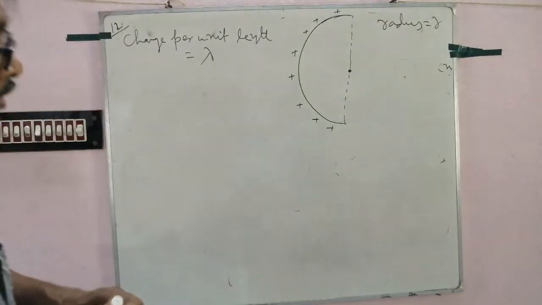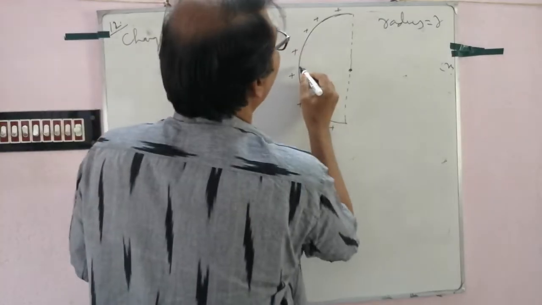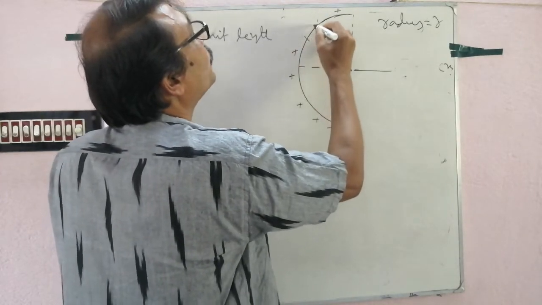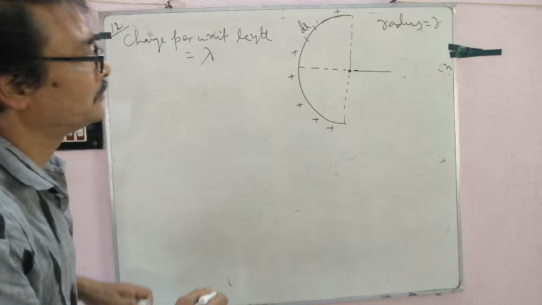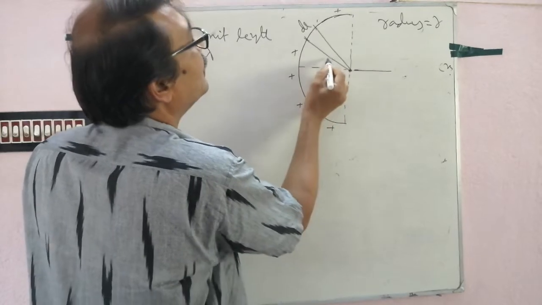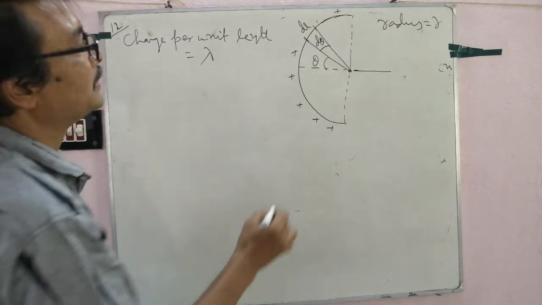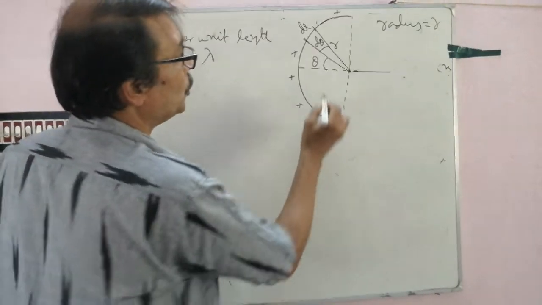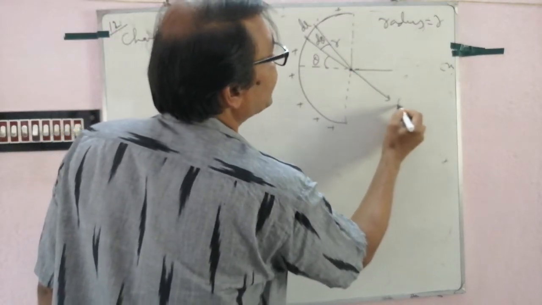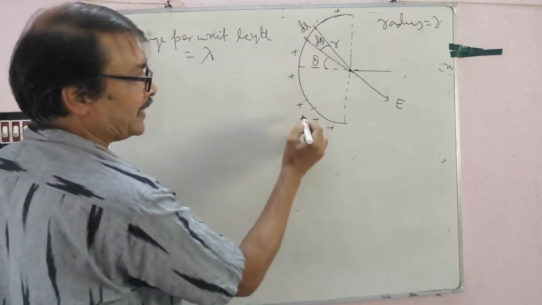If it is a full ring, the field intensity of the electric field is 0, but due to the half ring, this is a line. Here we take a small portion, that is dl. This angle is theta, this angle is d theta, and this is R. So due to this small portion, the field will be in this direction, that is E. In a similar way, from here we consider another similar point.